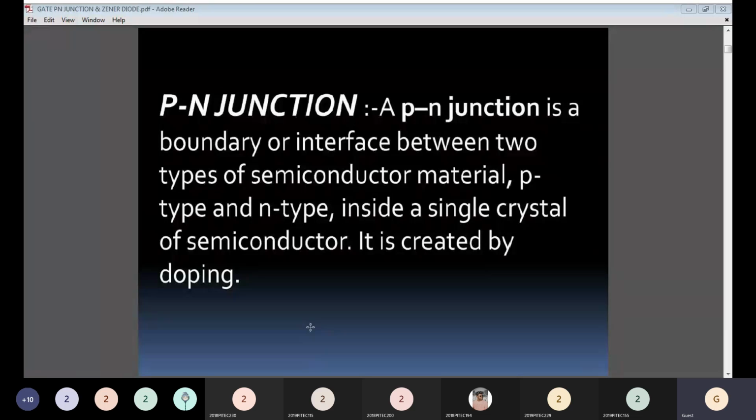So I said in the introduction itself, a junction is formed by two dissimilar materials. So here the P-type material and N-type material of the semiconductor form a junction that is called the PN junction diode. So it is emphasized that impurities are added to create a PN junction diode.